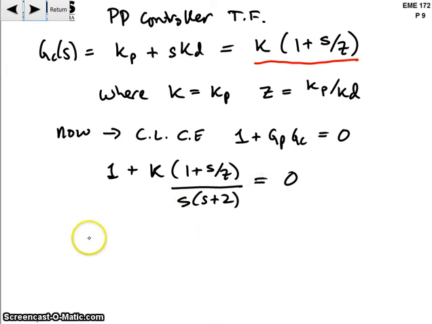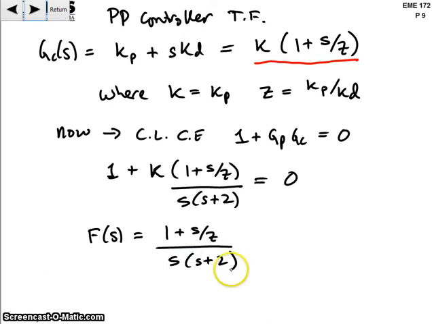And so now what we've got is basically the root locus form with the loop transfer function F of s equal to (1 plus s over z) over s times (s plus 2), okay? So it's basically the plant, but I've added an additional zero. And so I can place that zero where I want to make the desired closed loop pole position be on the root locus.